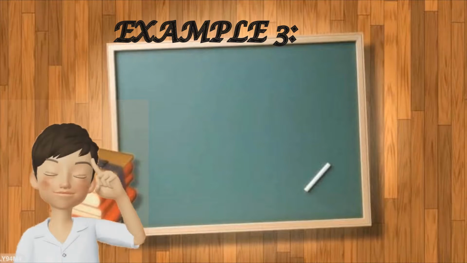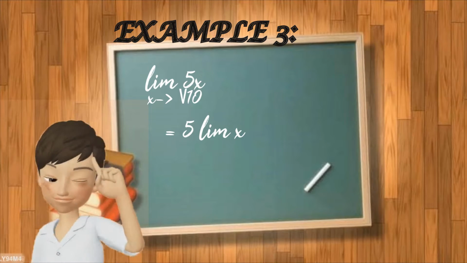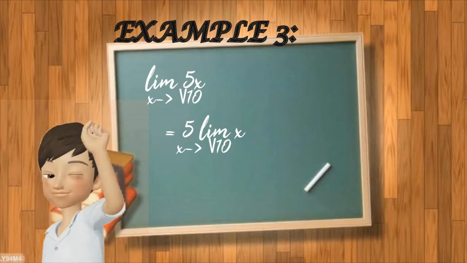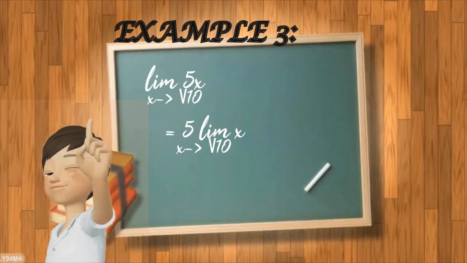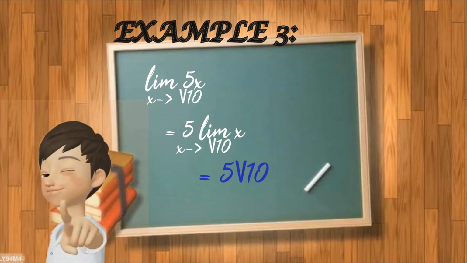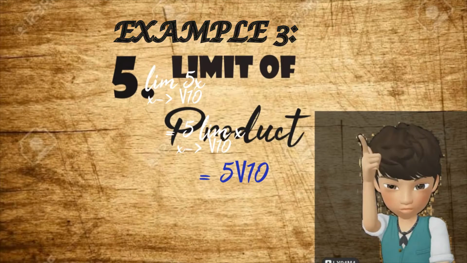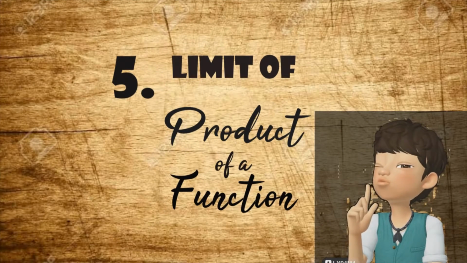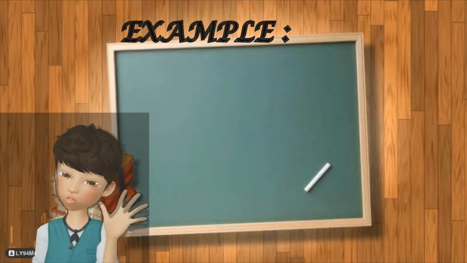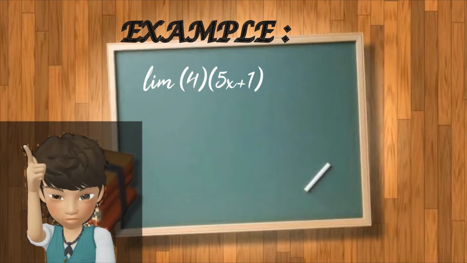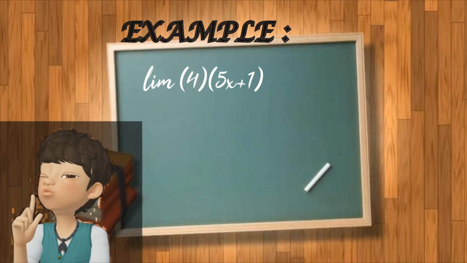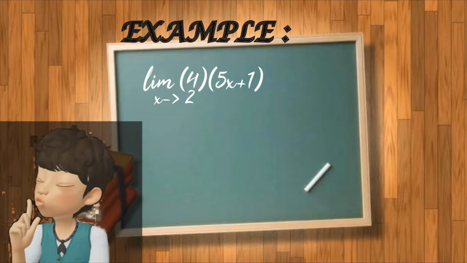Using radical, the limit of 5x as x approaches square root of 10 is equal to 5 times the limit of x as x approaches square root of 10. Lalabas lang yung 5, tapos ang magiging sagot naman ay 5 square root of 10. Limit of a function, example number 1. Limit of 4 times 5x plus 1 as x approaches 2.